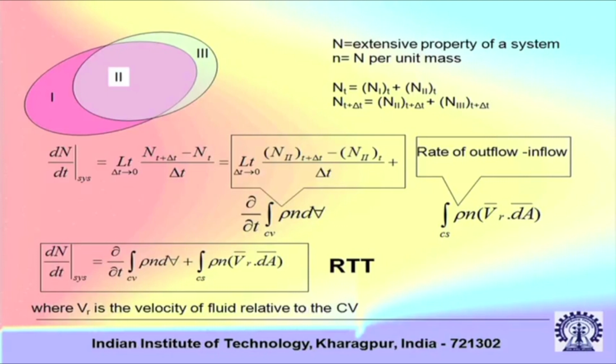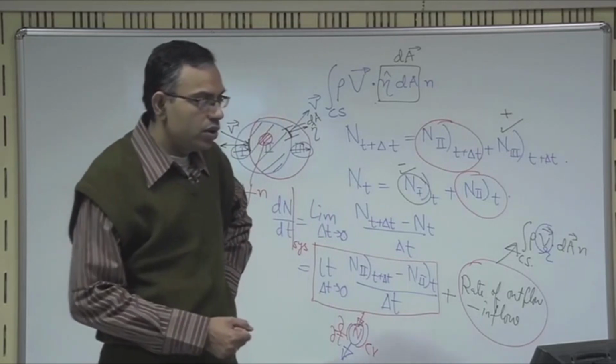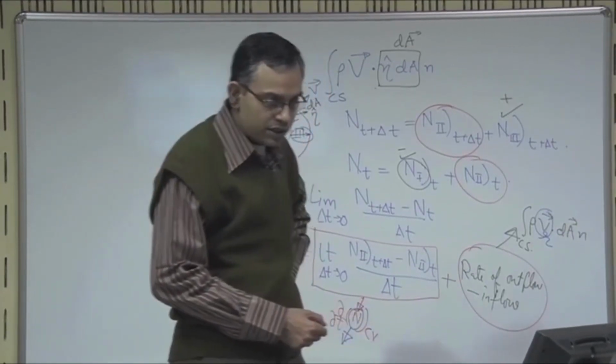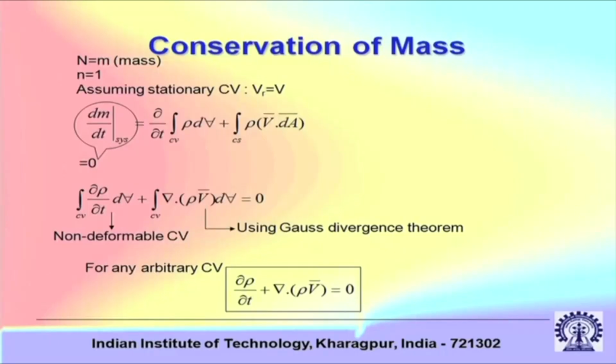Now, this particular expression which is highlighted here relates the rate of change with respect to a system with the rate of change within a control volume, and that is known as Reynolds transport theorem. Reynolds transport theorem is a very powerful theorem, and we will use it to derive various governing equations. To do that we will first go to the case of conservation of mass.